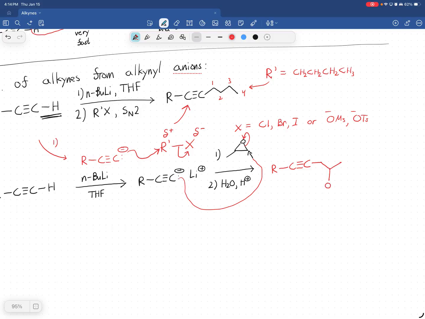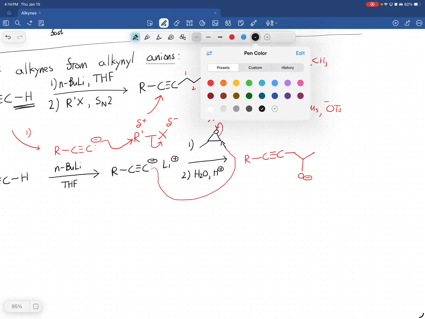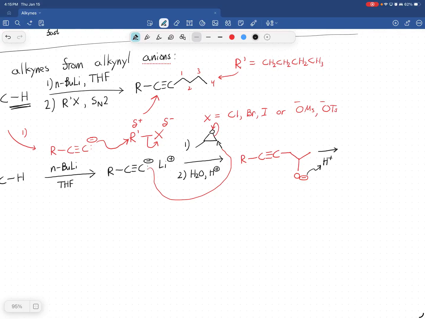And here's the O minus. And then what does the last step do? Protonate it, right? I'm going to protonate the negative charge to neutralize the molecule. So now I can isolate the neutral compound, right? All right, so we can write H plus here. Oxygen is going to take that. And we isolate the neutral compound.